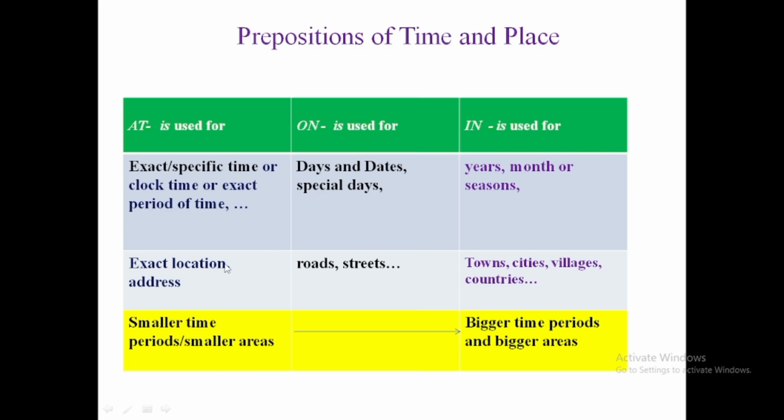Therefore, it goes from the exact location to the broader towns, cities, villages and countries. From the specific time to days and dates, and to the bigger time, year, months, or seasons. So, having this in mind, let's try to see the following exercises.